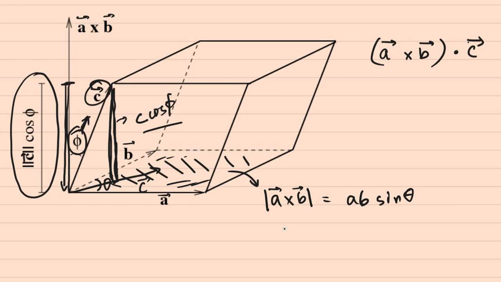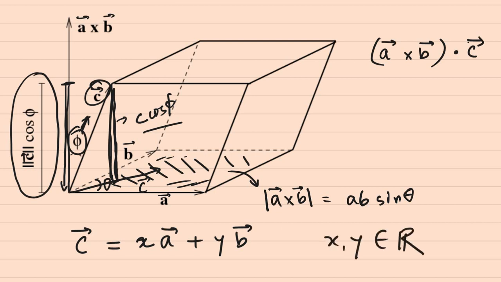So what's happening is that now C can be expressed as some number x times A plus y times B, where x and y are simply real numbers. They can be any numbers. You can find them out by doing dot products or by doing simple algebra.